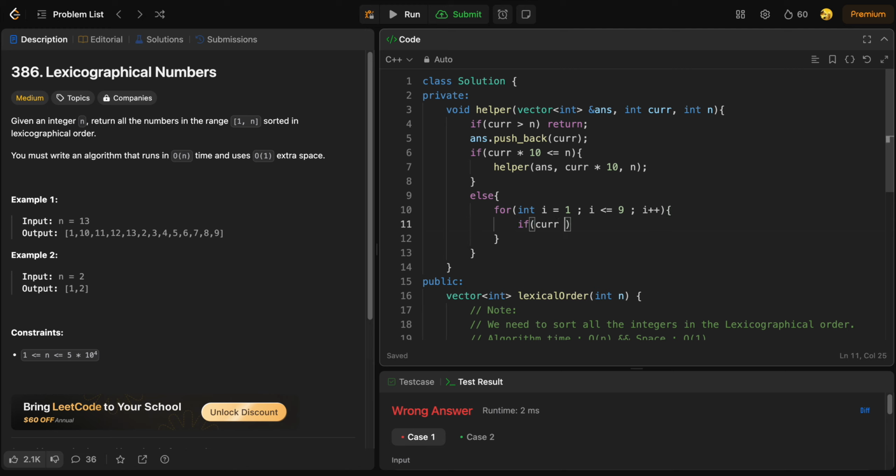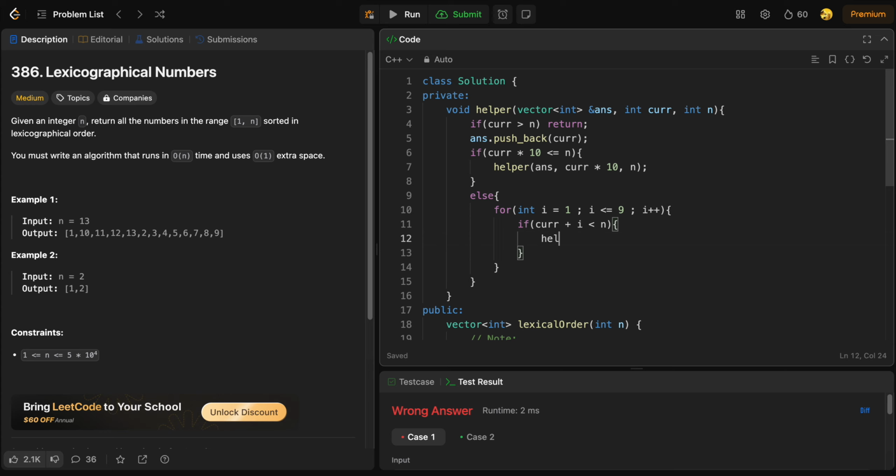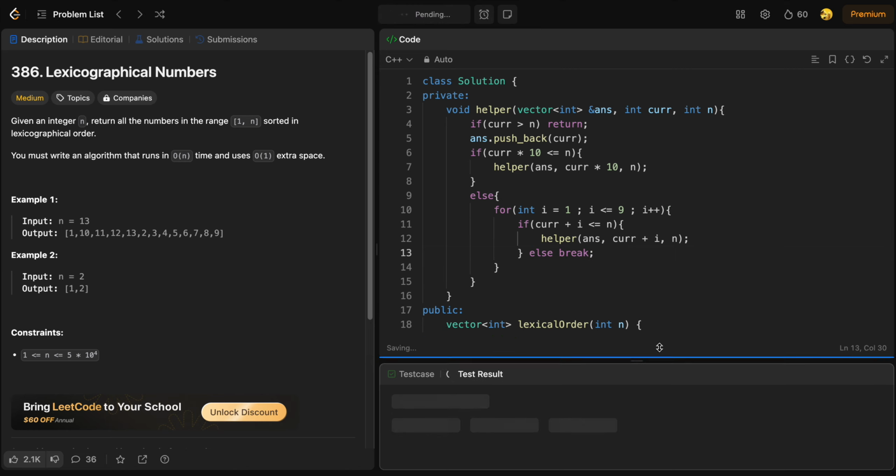I'll just check if cur plus i is less than n. Helper and cur plus i. If it's not, I'll just take this out, because that's not needed in that case.